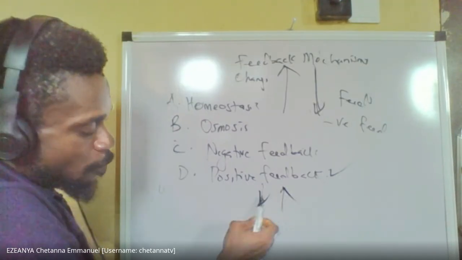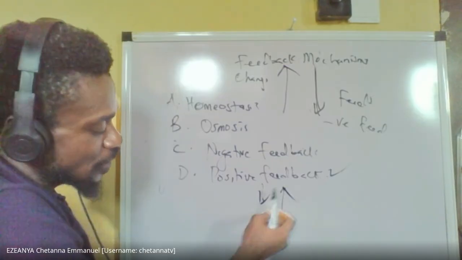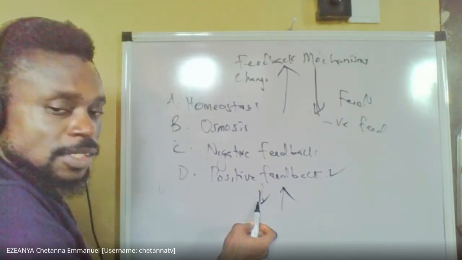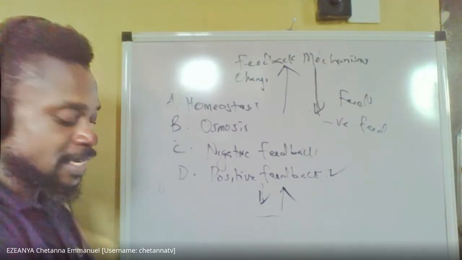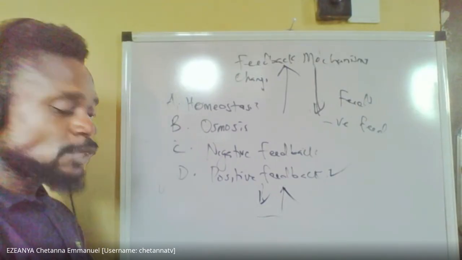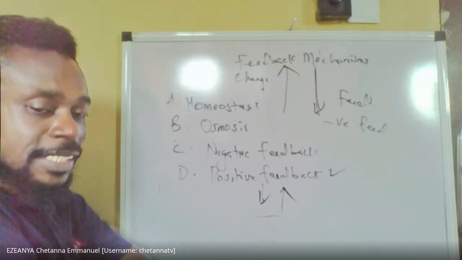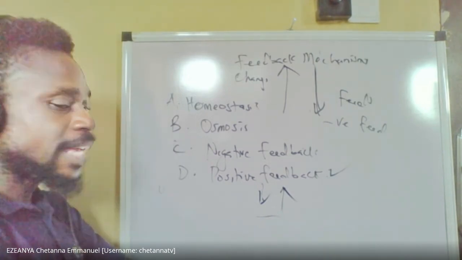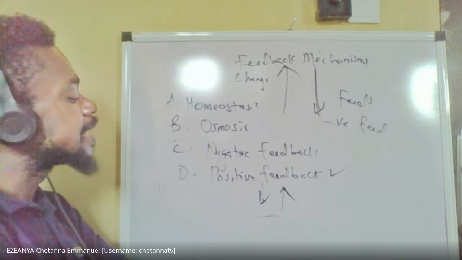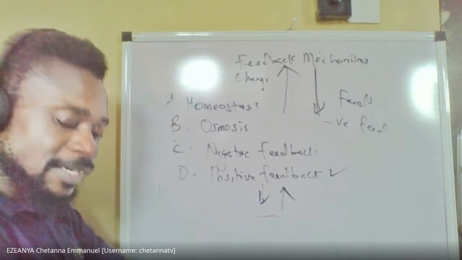They are opposite. It is negative to the direction of the what? The change. So this is a negative feedback mechanism. This is what happens in homeostasis. This is how the body tries to bring the body to normalcy.